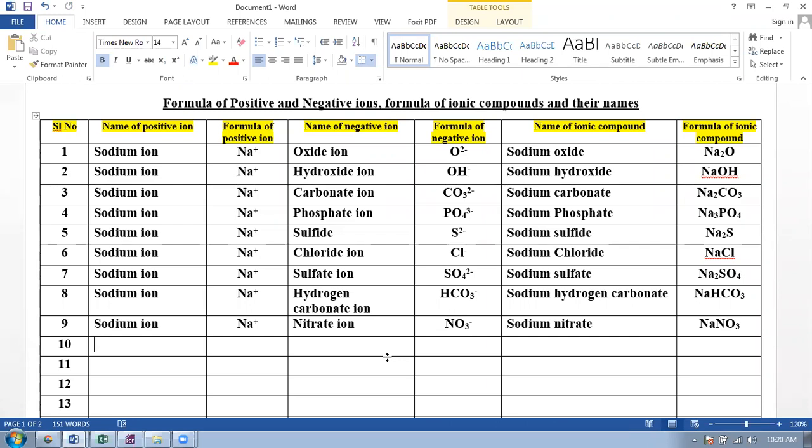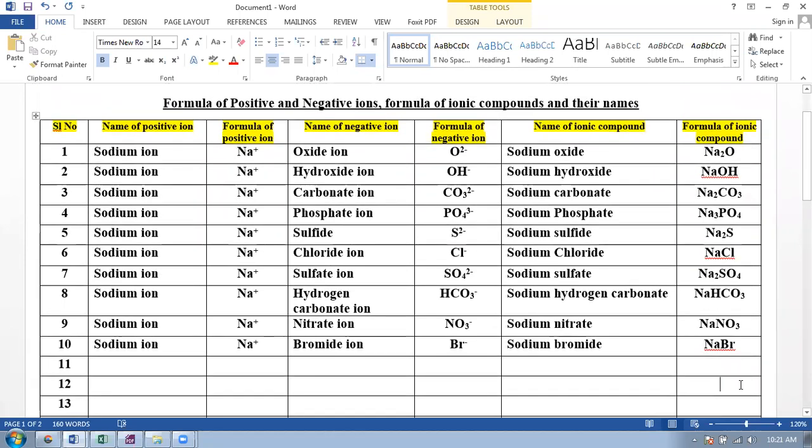Bromide ion, Br minus. So the name is sodium bromide, and it will be NaBr. Okay, very simple.